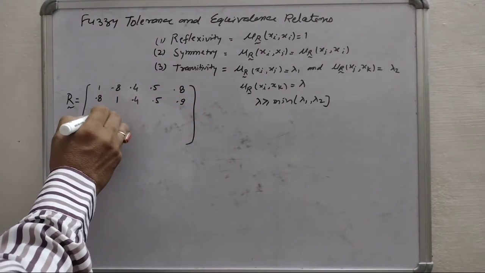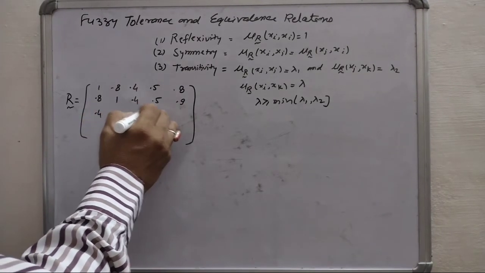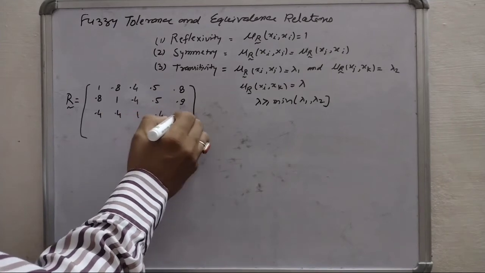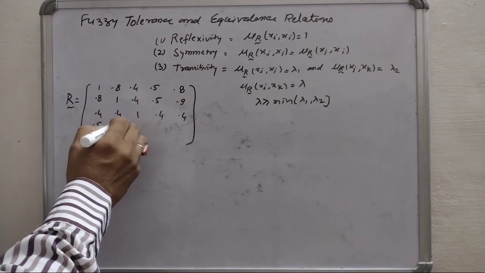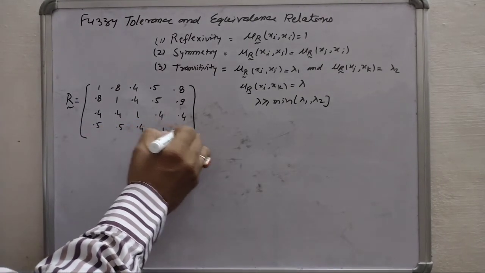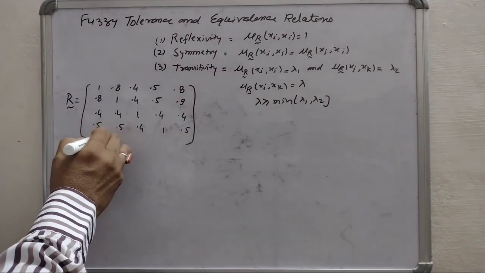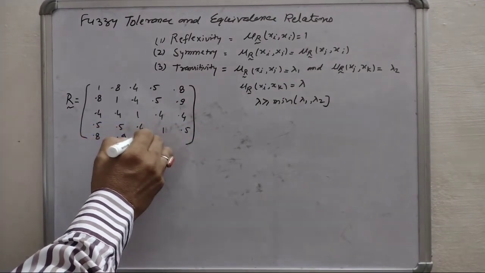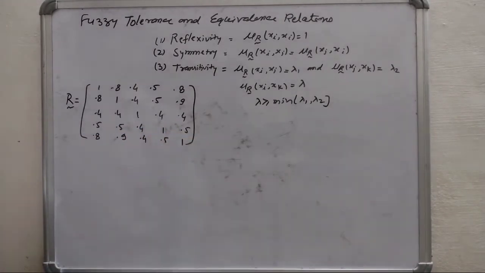Row 3: 0.4, 0.4, 1, 0.4, 0.4. Row 4: 0.5, 0.5, 0.4, 1, 0.5. Row 5: 0.8, 0.9, 0.4, 0.5 and 1.